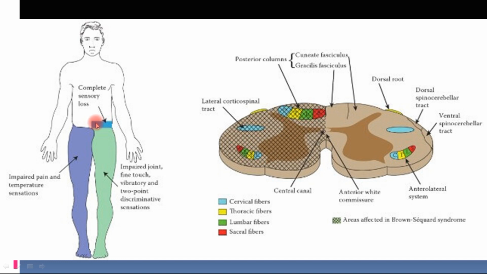So if the transection is at this level, below that level, the sensation carried by the dorsal column will be lost on the same side, because the left dorsal column is carrying the left side signal. The sensation of the left side of the body which is present below the section is lost.